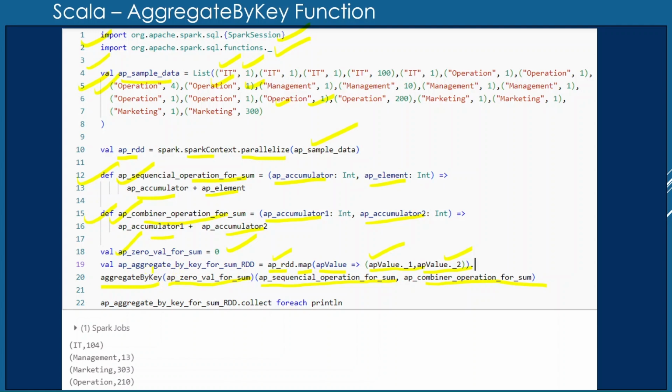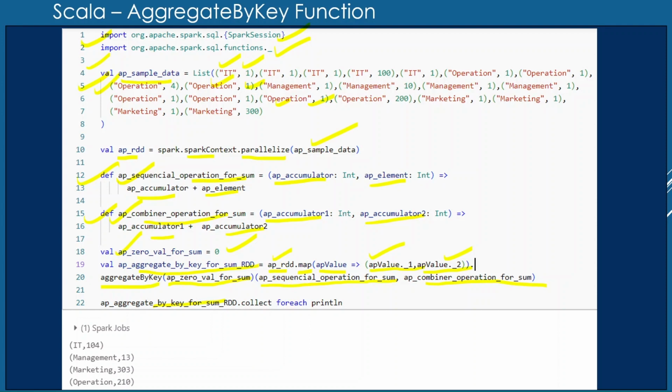Once this aggregate by key completes, it puts all the values in this RDD, and here we are just printing the RDD. So what is it doing here? With the help of a map function, we are fetching the key and the value from this RDD, and on top of that we are calling aggregate by key.